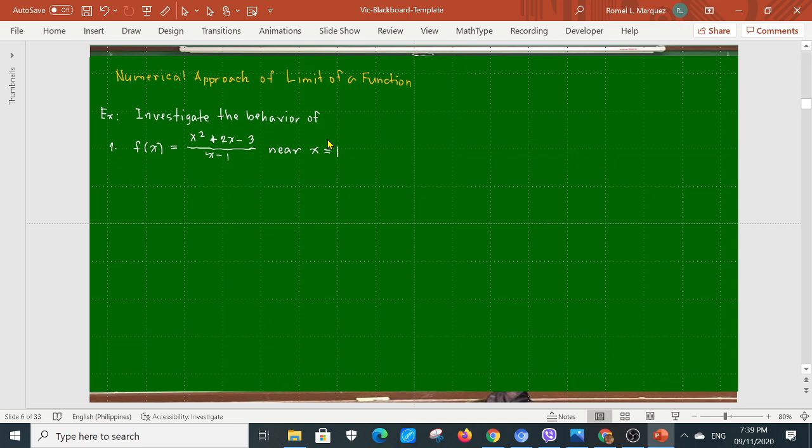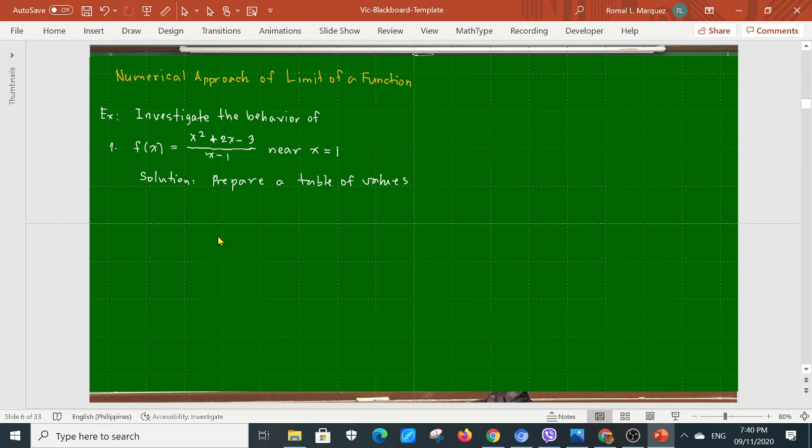Notice that the function has a problem at x equals 1. It is not defined there. But let us see how the function behaves as its x values get closer and closer to 1. So, solution: prepare a table of values as follows.